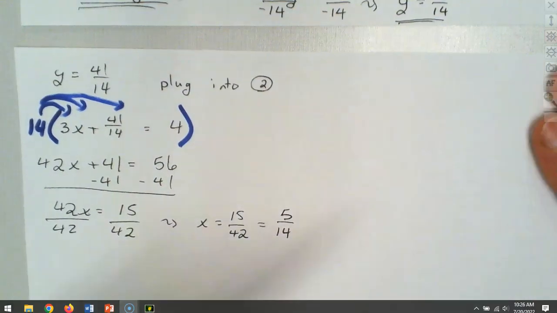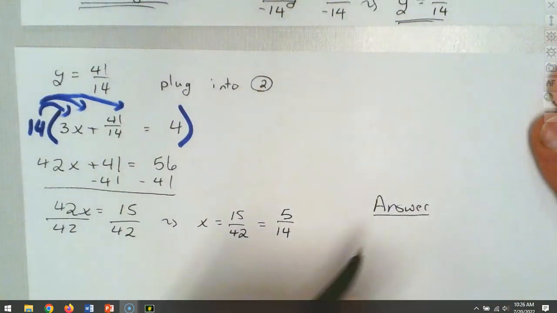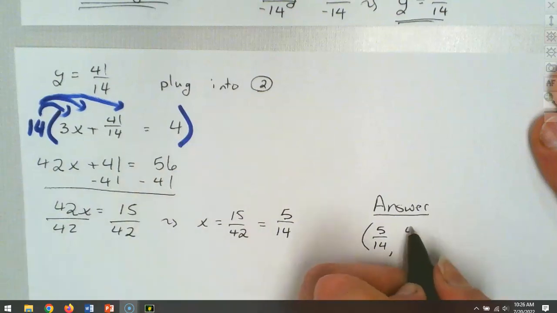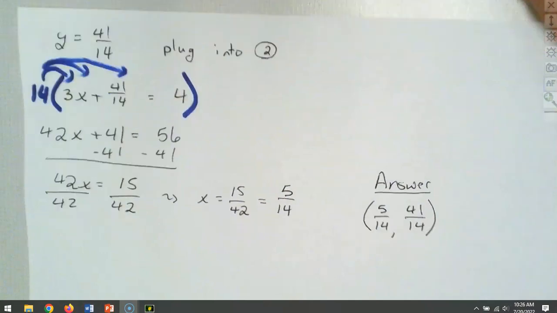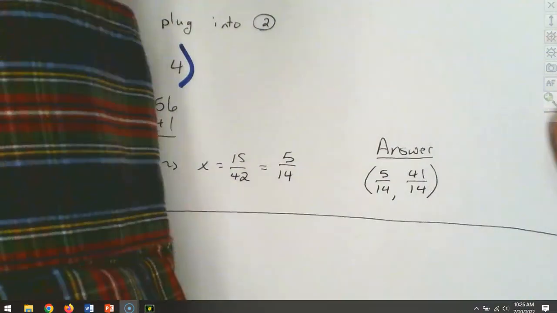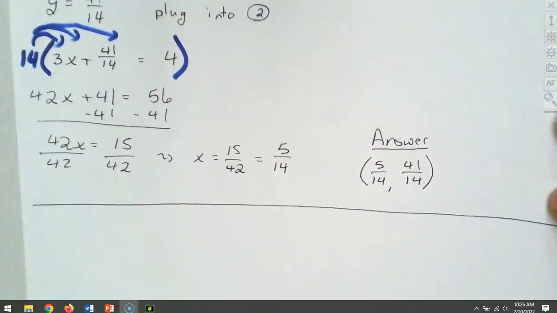So our answer then, as an ordered pair, would be 5 over 14, comma, 41 over 14. So that's how you do substitution.